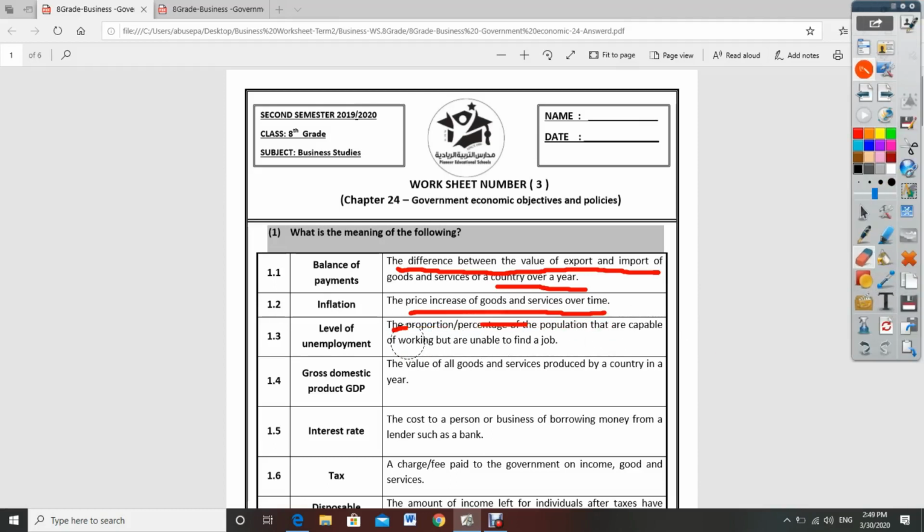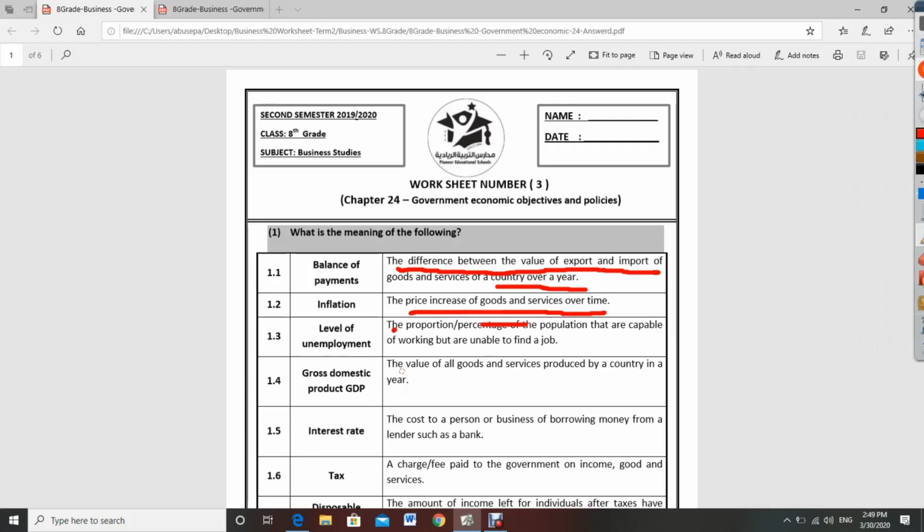The fourth definition is gross domestic product or GDP. All the accountants and the employees that work in the financial sector know very well the definition of GDP. The GDP is the value of all goods and services produced by a country in a year.